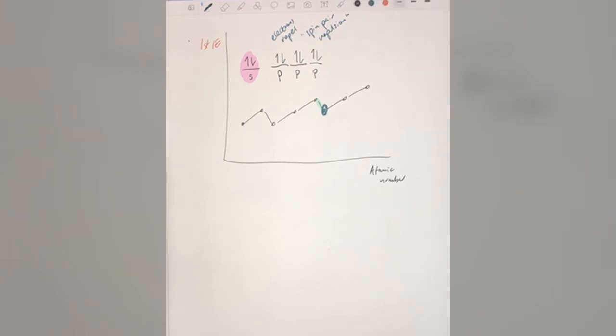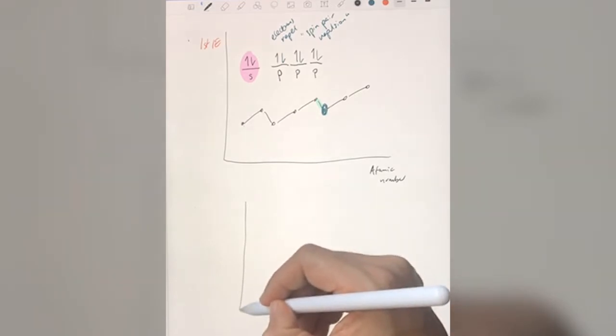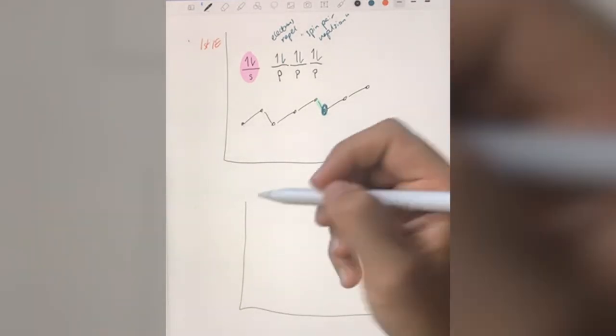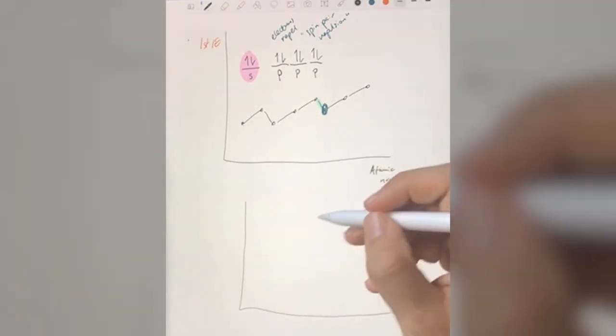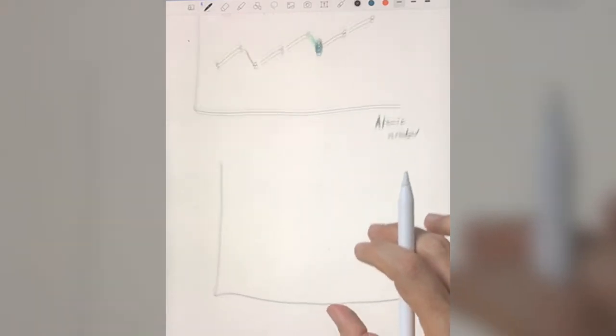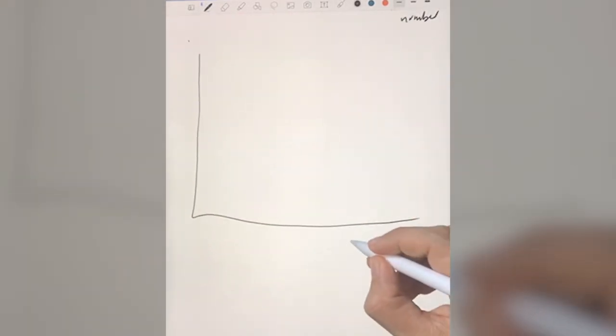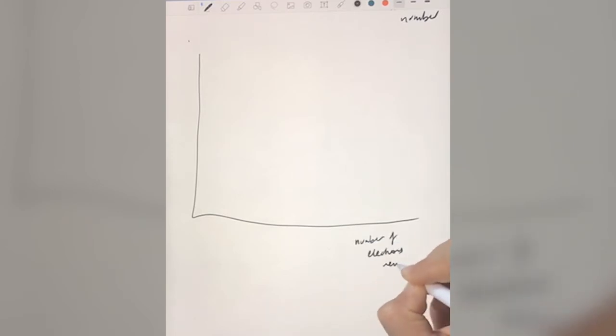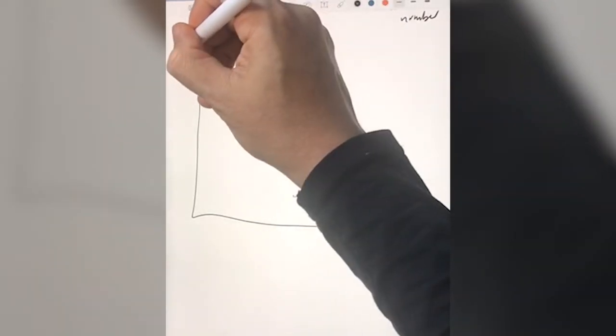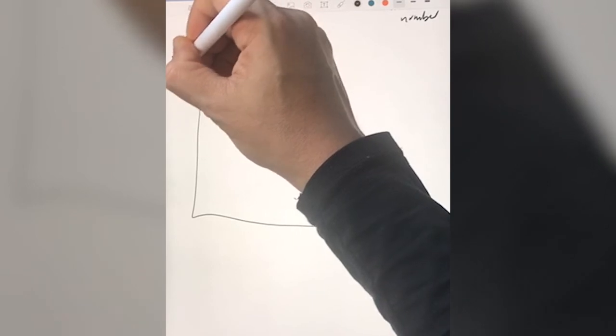The other evidence for shells is successive ionization energies. For successive ionization energies, we normally have the number of electrons removed over here, and then this is the ionization energy, or the amount of energy needed to remove that electron.